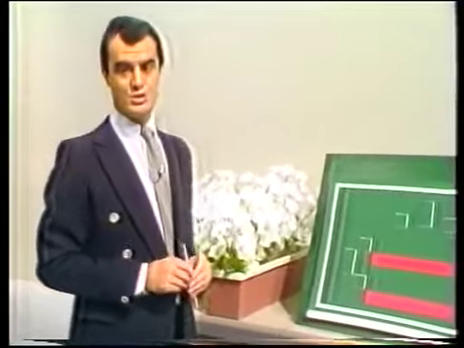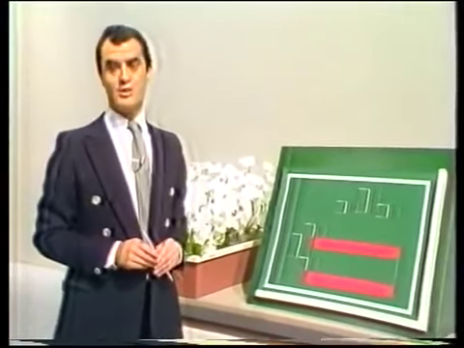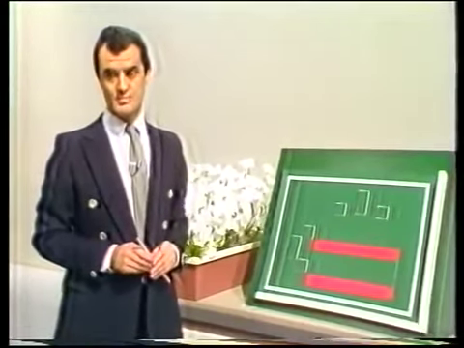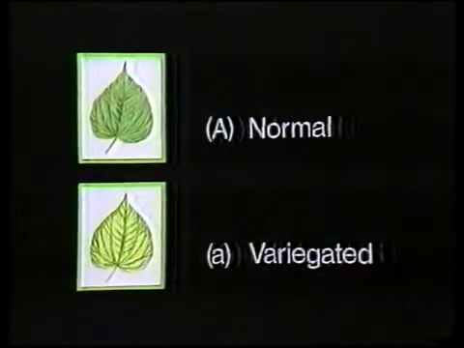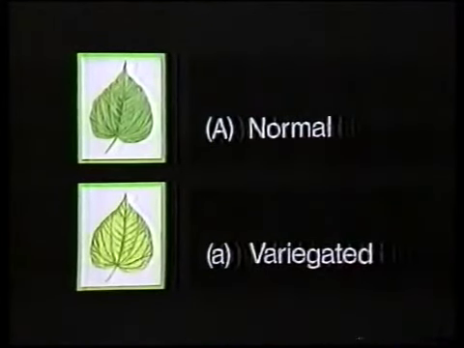Each plant carries two genes which determine whether the plant is variegated or not. For simplicity, I'll denote the normal gene capital A and the variegated gene little a.